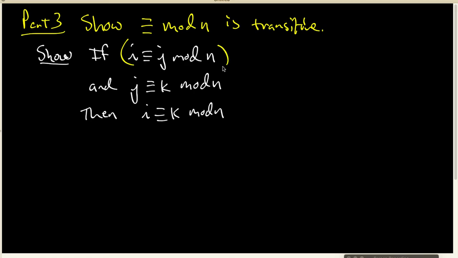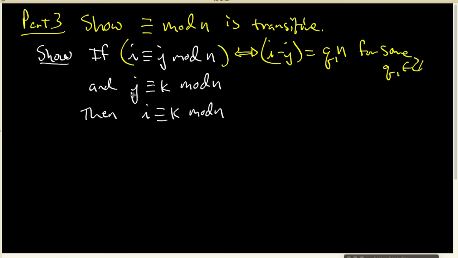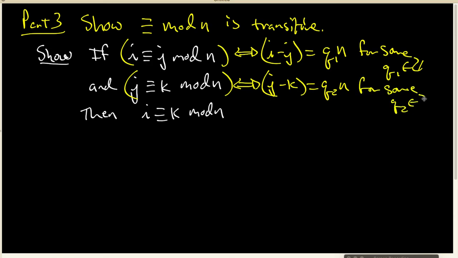This statement here is the same as saying that I minus J is equal to q1 times n for some q1 inside the integers. And this particular fact is saying that J minus K is equal to q2 times n for some q2 inside Z.